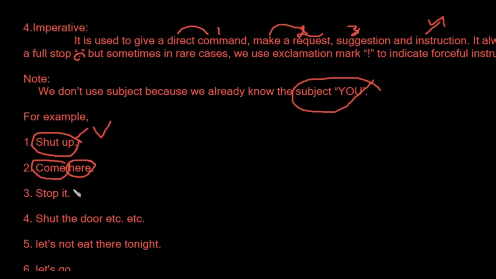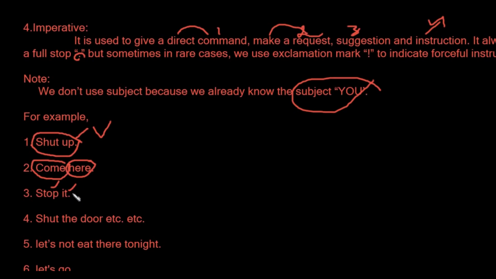The third one, we have stop it. So stop is a verb and it is an object. Verb and object, and maybe you're telling someone to stop it. It will be a polite request, or maybe it will be a command, or maybe a suggestion. So it depends on the situation.